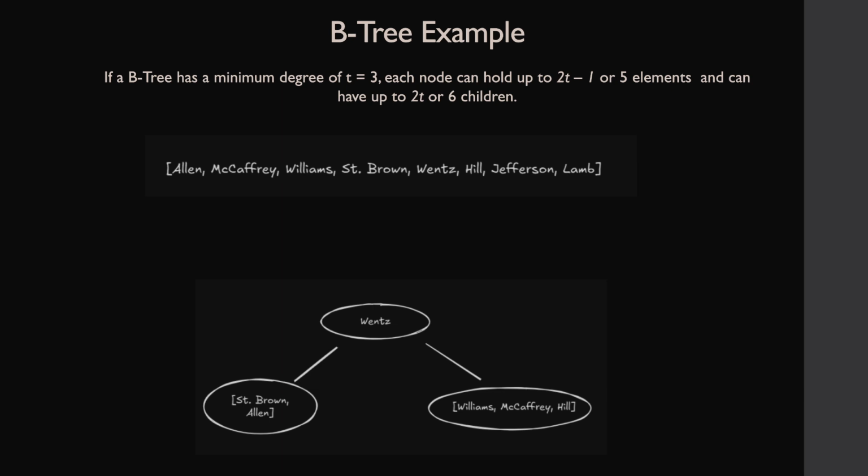And the remaining values are split into 2 child nodes, so we have St. Brown and Allen on the left, and then Williams, McCaffrey, and Hill on the right. So this is what the B tree looks like, and it's still within capacity. The amount of children is less than 6, and the amount of elements in each node is less than 5.